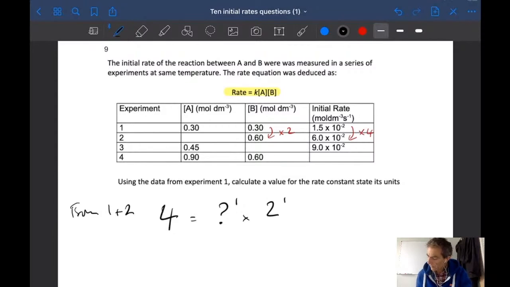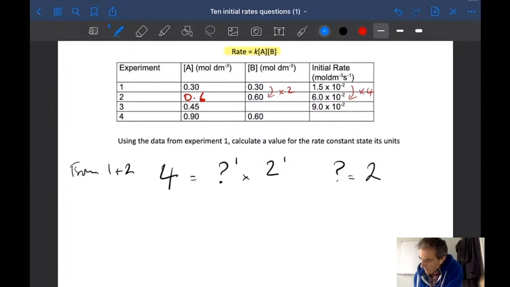Effectively, if we need the answer to be 4 for the product of the question mark to the power 1 times 2 to the power 1, then the question mark needs to be 2. So in other words, the concentration of A needs to be twice what it was in experiment 1. So it's going to be 0.6.